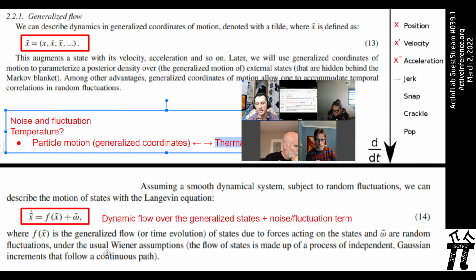That might be where these statistical assumptions come into play. So it's like variance estimation, but temperature is just one kind of variance with the motion of particles.